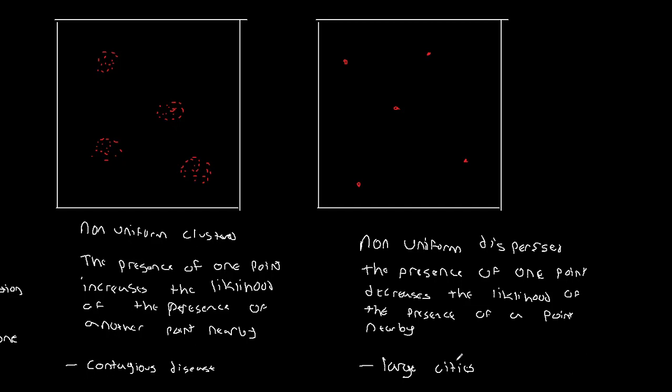Everybody's just, oh, we can get that in Chicago. If we're in the suburbs of Chicago, we don't need another big city. We have Chicago. So that's a good example of non-uniform dispersed.